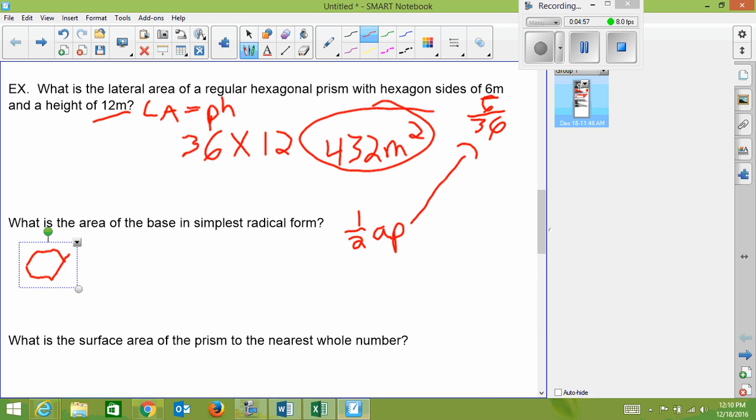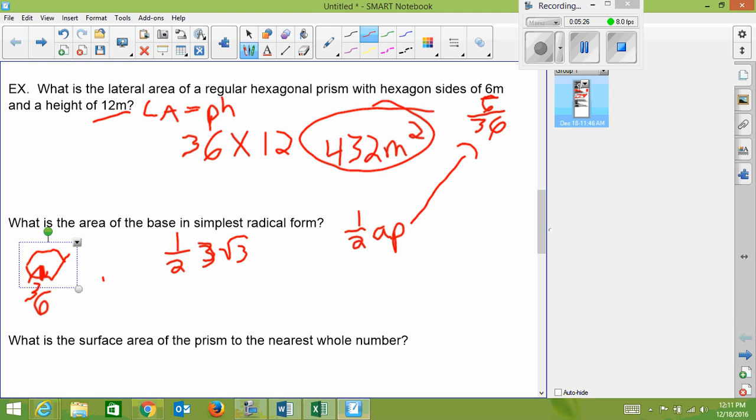If this side down here is 6, then halfway to the middle, and then out, the apothem is going to be right here. Since halfway over there would be 3, the apothem is going to be 3 square root 3, using our special right triangles that we learned before.